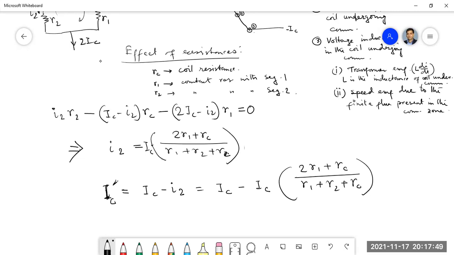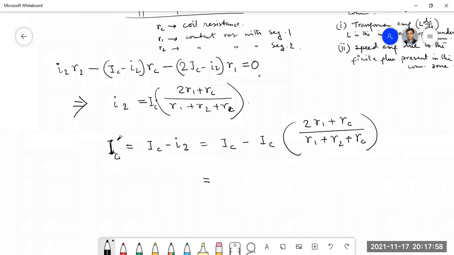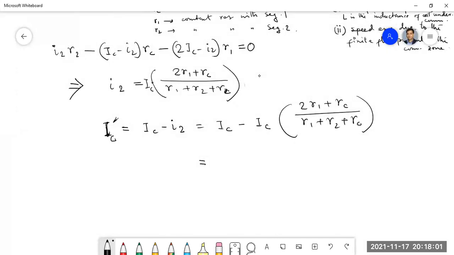Okay, so simplify this once again. Let me know what you are getting by simplifying this. IC into R2 minus R1 by R1 plus R2 plus RC. No, what is the numerator?